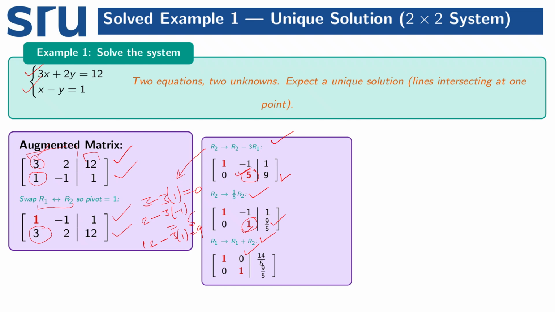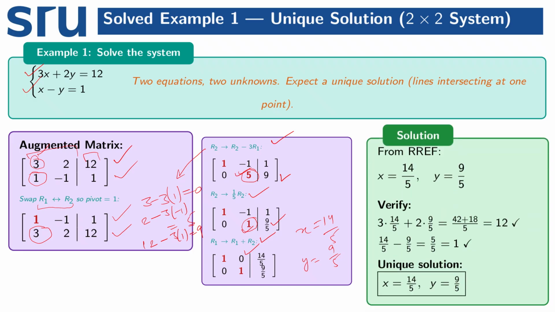Now this is the reduced row echelon form. From here we directly read the values x equal to 14 by 5 and y equal to 9 by 5. Let us verify whether these values are true or not. Put back these values into the original equations.